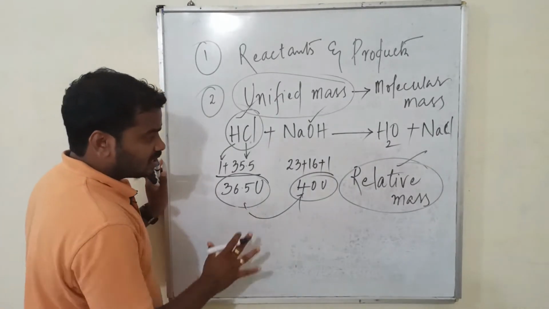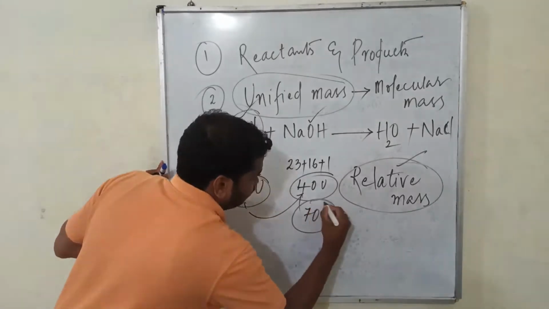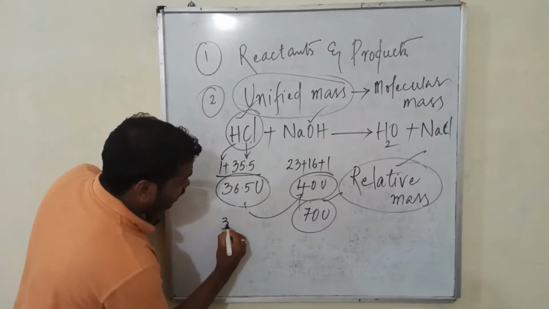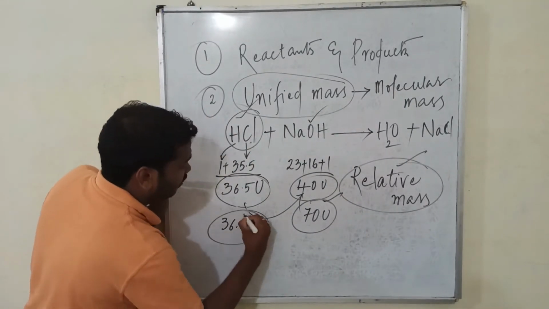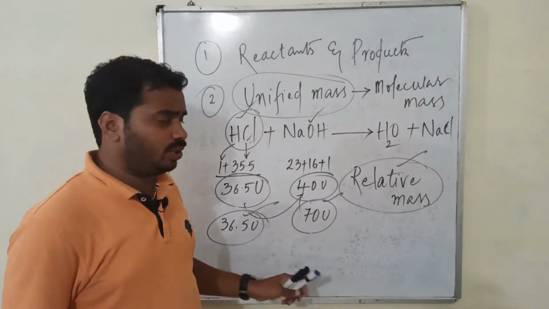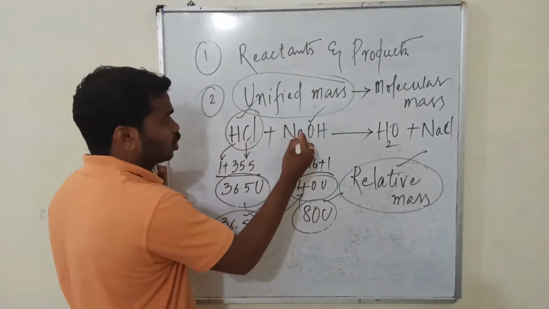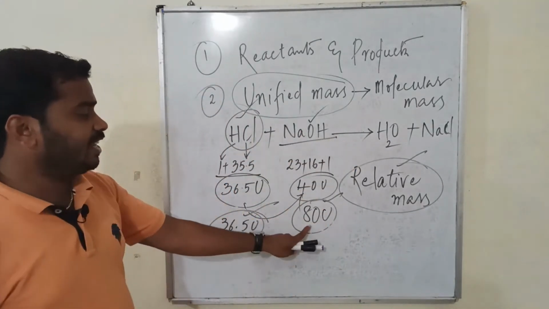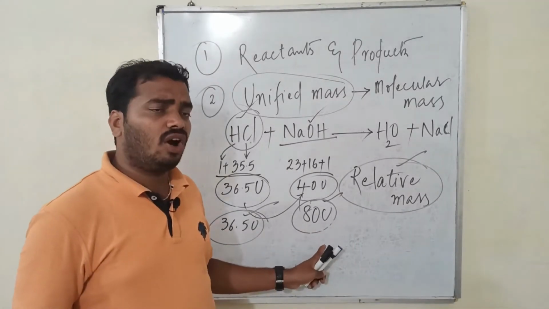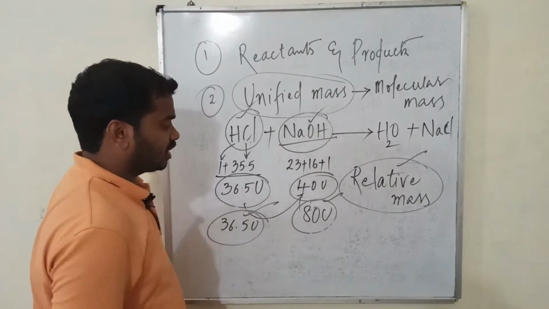So what is this relative mass concept? Let us take here 70 units and here 36.5 units of HCl. Even though you have considered 70 units, let me take 80 units directly. That means 2 molecules of NaOH. 80 units of NaOH, if you consider, that means 2 NaOH molecules are there with you.